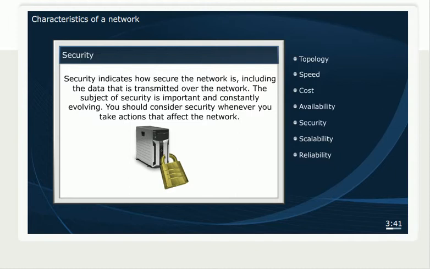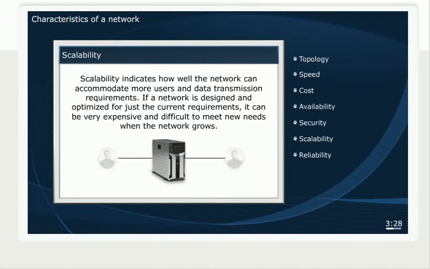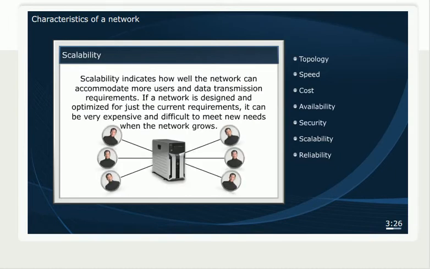Another characteristic of a network is scalability. Now, this is not the weight that we would get if we put the network on a scale. Scalability has to do with the fact that network designs and the ways that we interconnect and the technologies that we use all have different degrees of growth and support for growth.